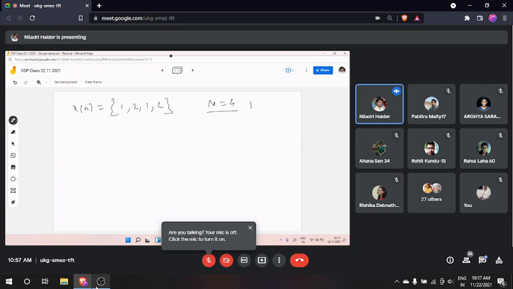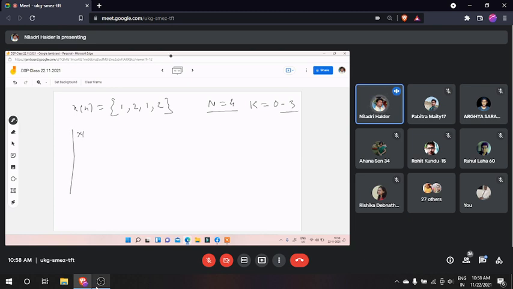So capital K will also be 4, means it will vary from 0 to 3. So if we write the matrix, values of k will be 0 to 3. So x0, x1, x2, x3. You have 4 samples.